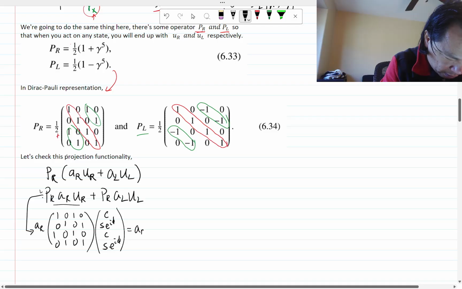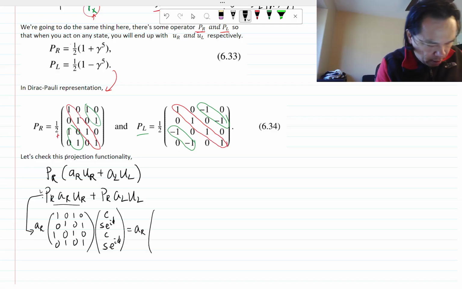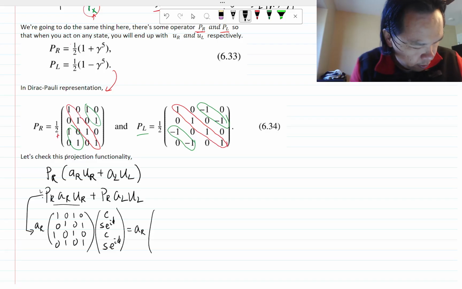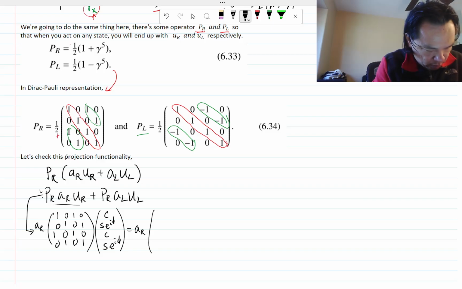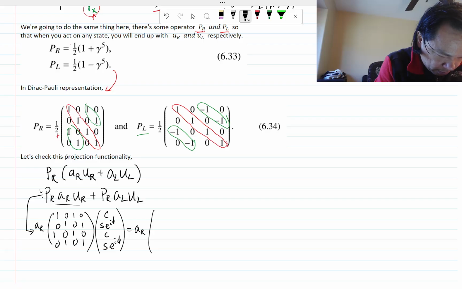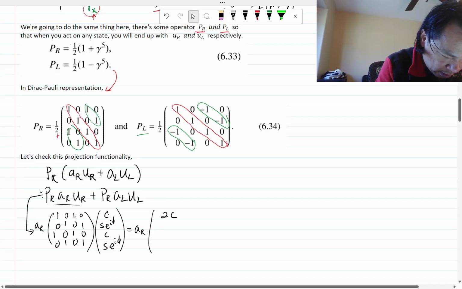So we still have AR in front. If you do this multiplication, you're going to end up with basically 1 times C, 1 times C, you get 2 times C here, and then you get 1 times S e^{i phi}, and you get another 1 times S e^{i phi}.